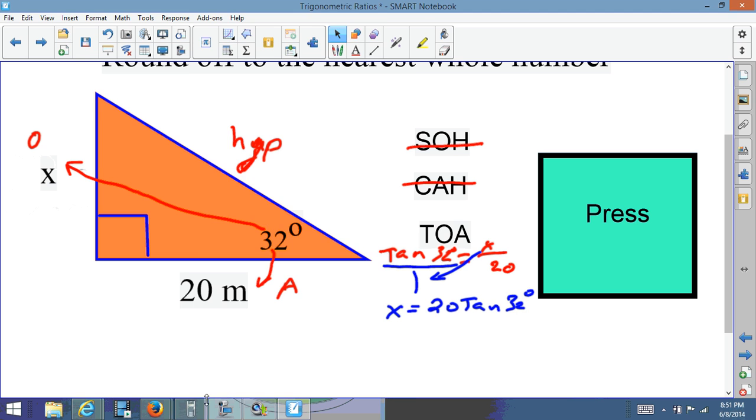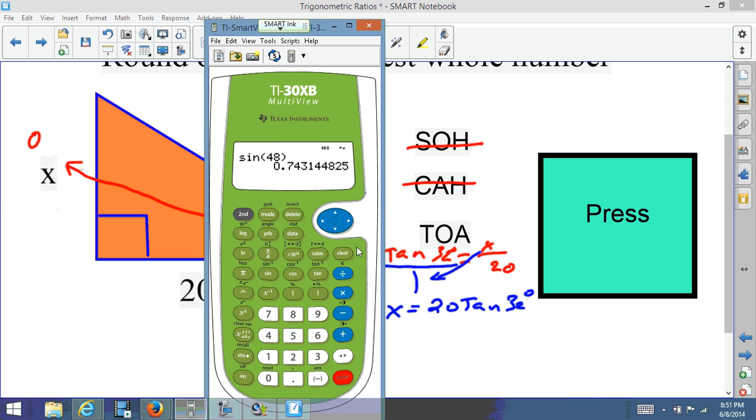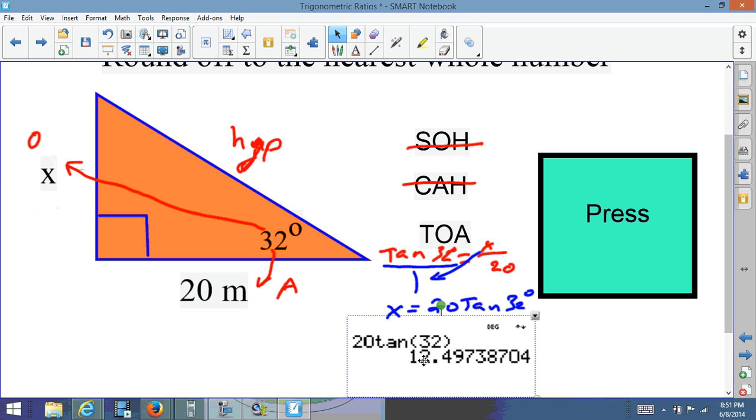So let's clear this out. So x is equal to 20 times tan of 32 degrees, close my parenthesis, and that'll give me 12.49738704. And I got to round this off to the nearest whole number again.